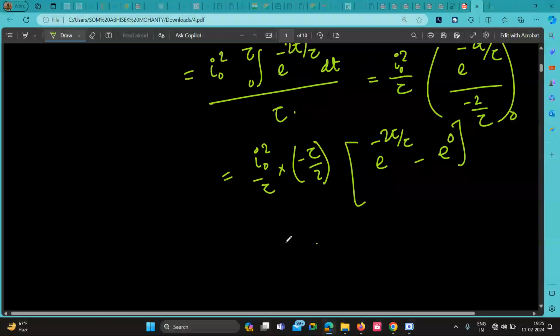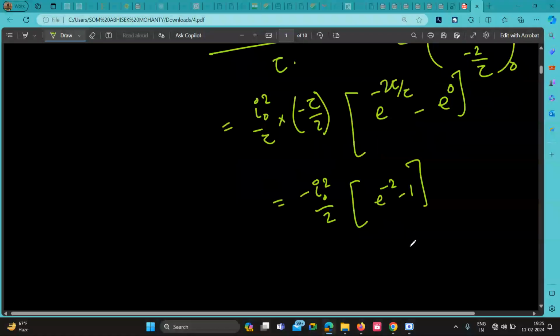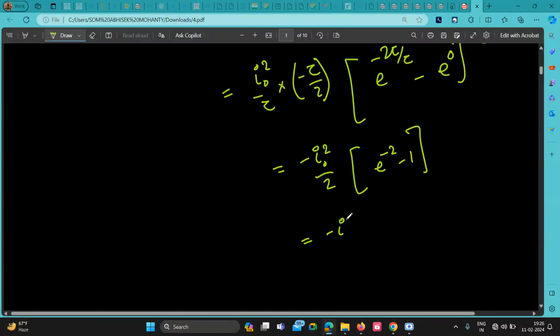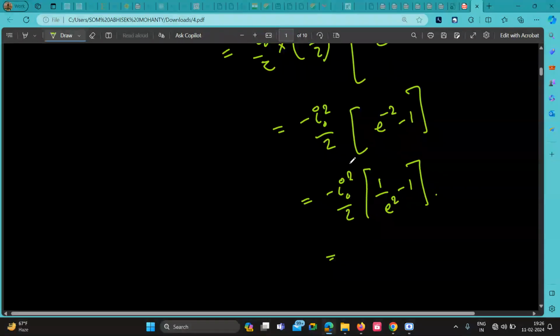That gives me minus I naught square by 2 times e to the minus 2 minus 1, so minus I naught square by 2, 1 by e square minus 1. I can take the minus inside: I naught square by 2, 1 minus 1 by e square. Is that correct?